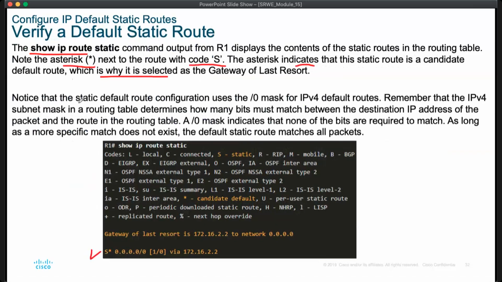Notice that the static default route configuration uses the /0 mask for IPv4 default routes. Remember that the IPv4 subnet mask in a routing table determines how many bits must match between the destination IP address of the packet and the route in the routing table.